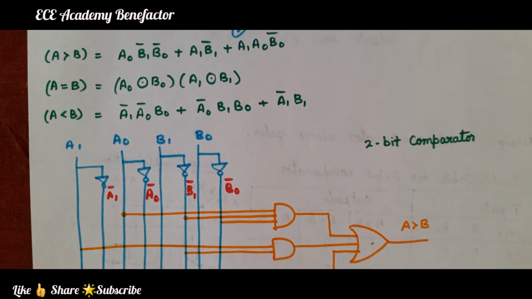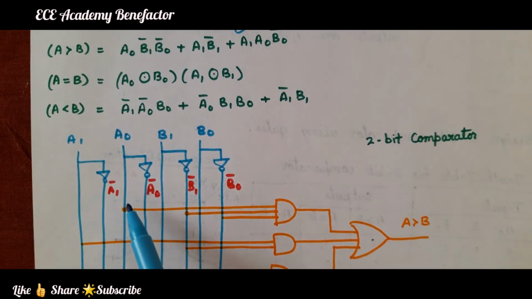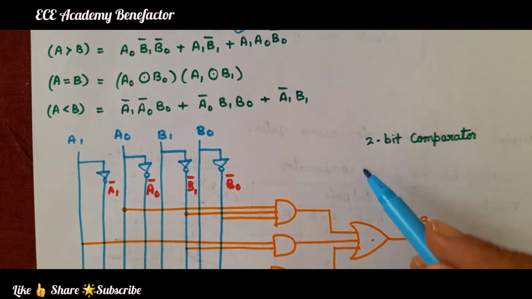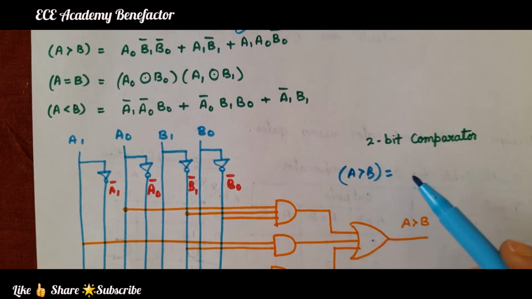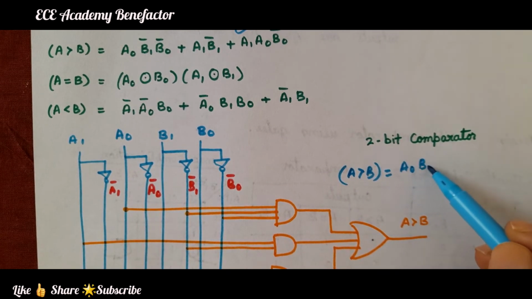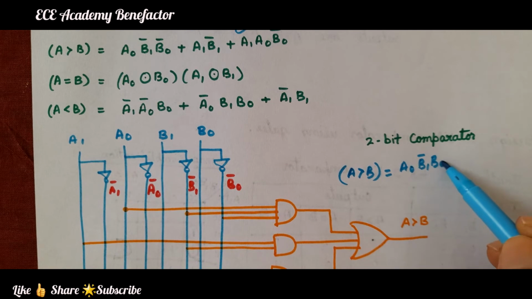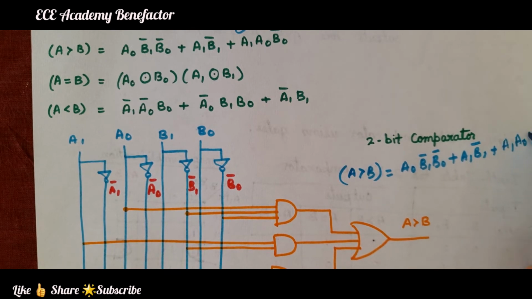Okay, now look at the expression for A greater than B. This is the expression, no? For A greater than B, the expression is A0 B1 bar B0 bar plus A1 B1 bar plus A1 A0 B0 bar.